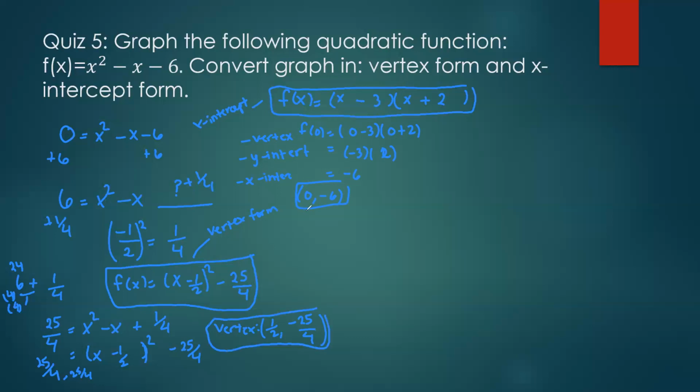And what else? The x-intercept is easy. If you have it in x-intercept form, you just set y to 0 and solve for x. So your x is going to be 3 and -2. Okay, so that is all we really need to graph this quadratic: we have the vertex, the y-intercept, and the x-intercepts.